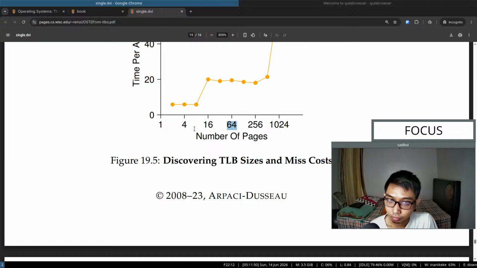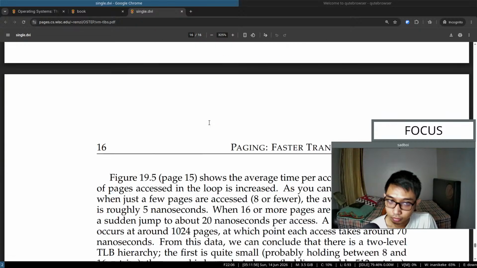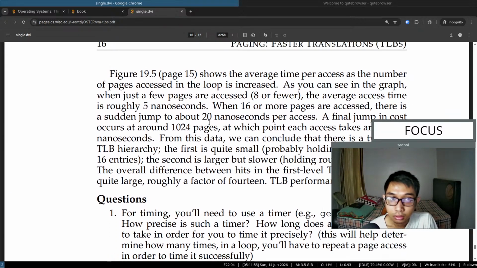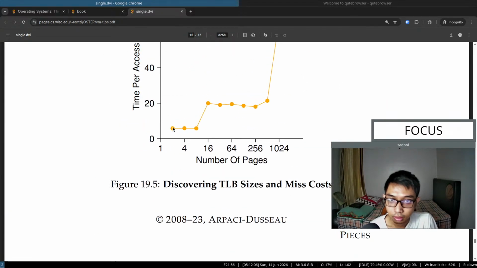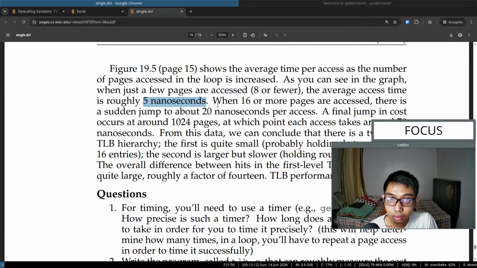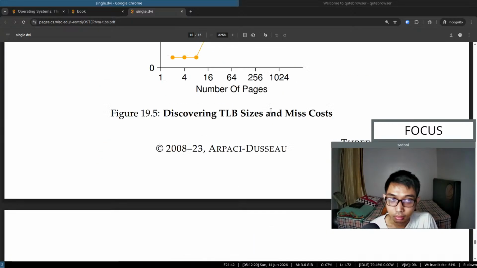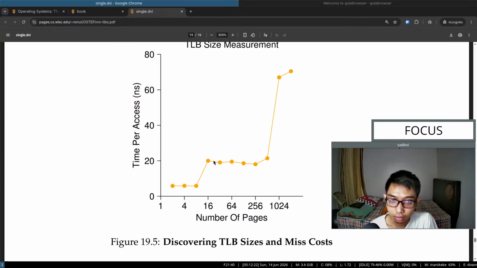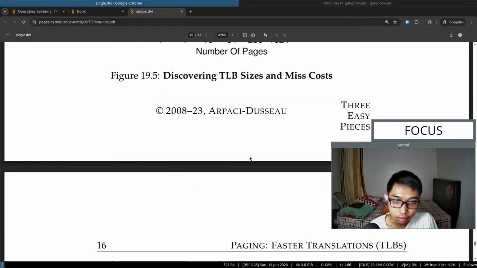When 16 or more pages are accessed, there is a sudden jump to about 20 nanoseconds per access.